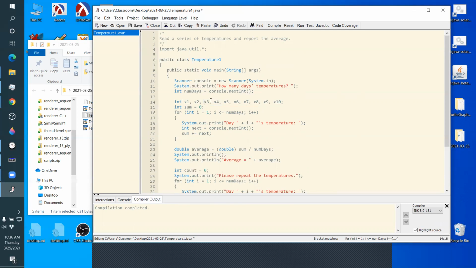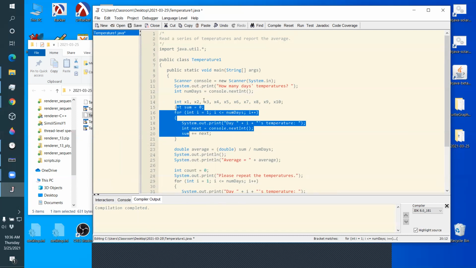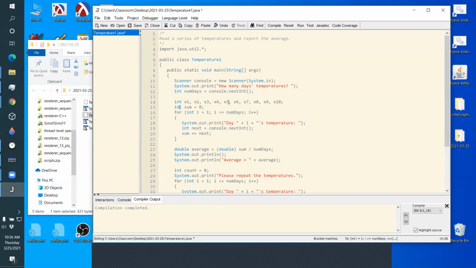There is no such thing as xi for the ith one of these. So I have 2 problems with this kind of solution: I don't know how many of these variables to create, and I cannot loop on x1, x2, x3, x4, x5. So that's not going to be a very good solution.